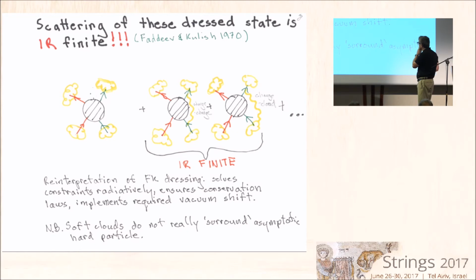the charged particle. Now, one thing I'd like to clarify: if you look at the old papers of Faddeev and Kulish, it sounds as if they don't say anything wrong, but one gets the impression that you have a charged particle going off to infinity surrounded by some mysterious cloud of photons.